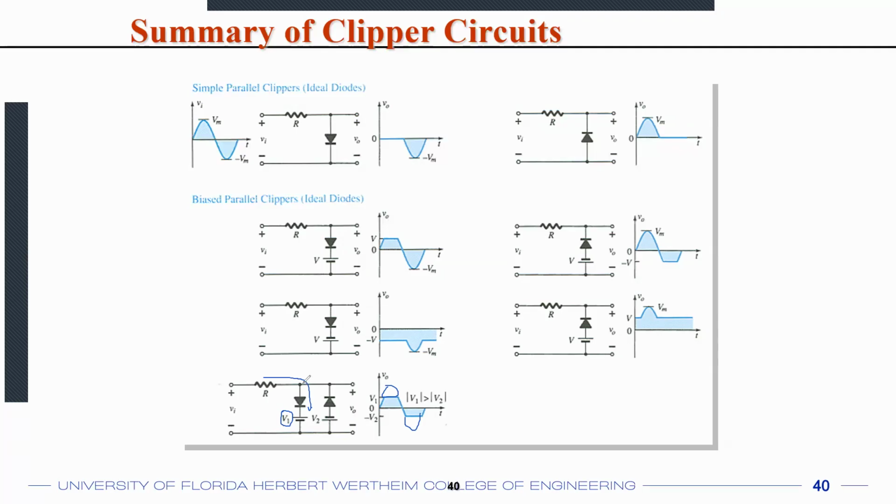So the only voltage drop that you see from this point to that point is going to be equal to V1. So this point's voltage will be more than V1, whereas this point's voltage will be exactly equal to V1. That means the diode will be forward biased, and the total voltage drop from the top terminal to the bottom terminal is going to be equal to V1.